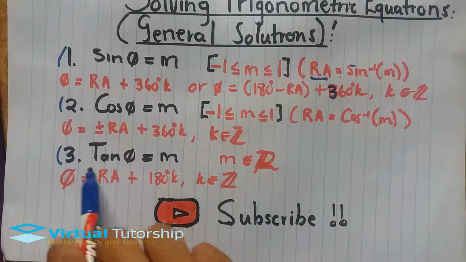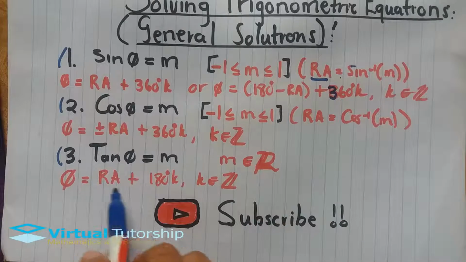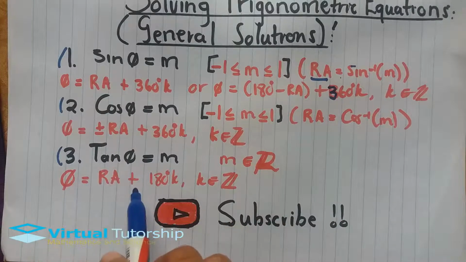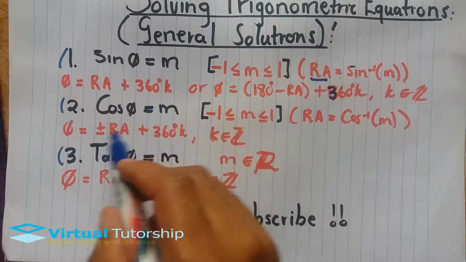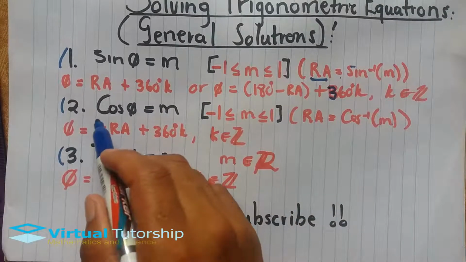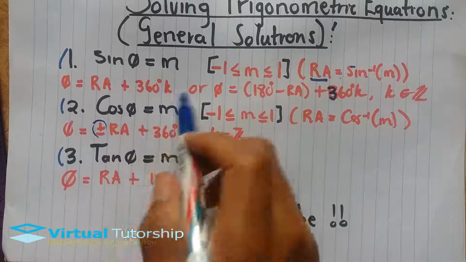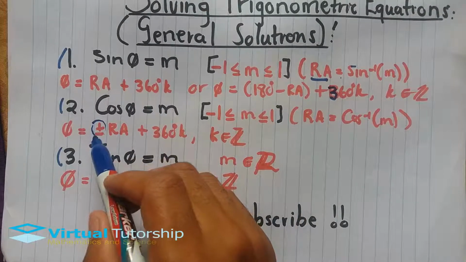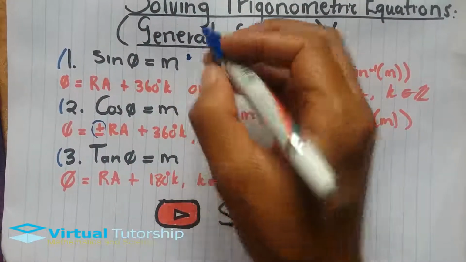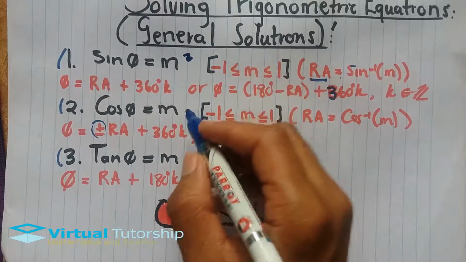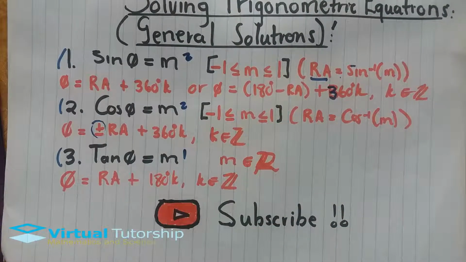And then for the tan function, we have one set of general solutions, but for the sine and the cosine we have two. The only difference is the plus and the minus.